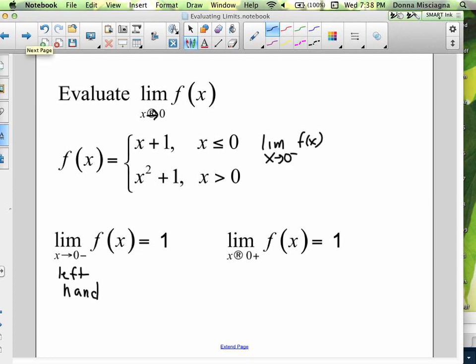And if we plug in 0, we get 1. And the x greater than 0 piece will give us the limit of our function as we approach 0 from the right. If we plug in 0, well, 0 squared is 0, so we get 1. So notice that the left-hand limit equals the right-hand limit.